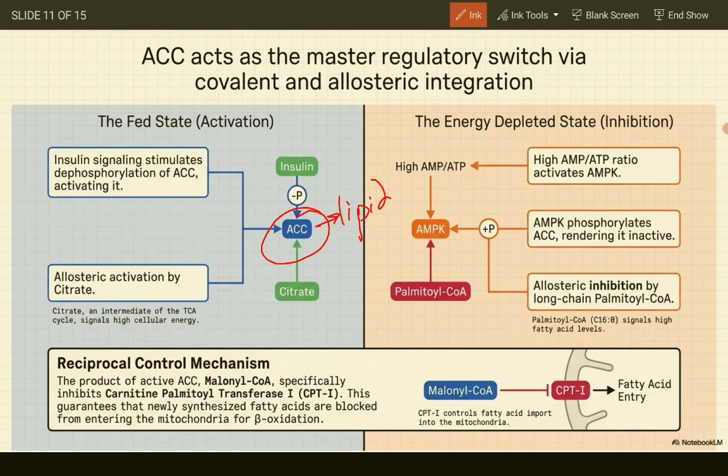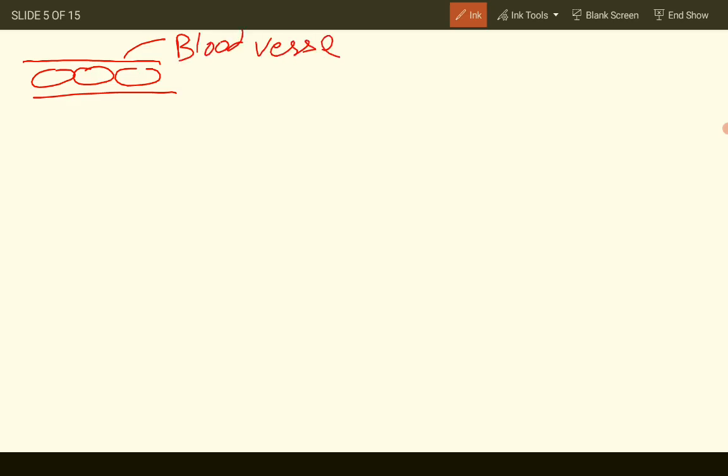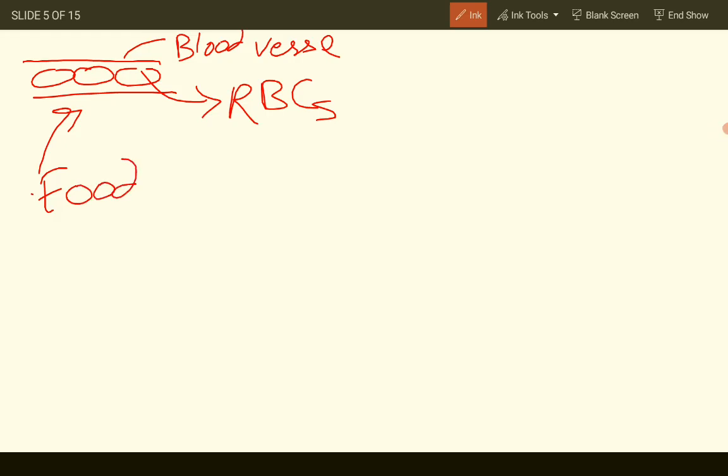Now there are another two molecules. There is insulin and glucagon. Let's see their function. So let's say this is a blood vessel and these are the red blood cells, RBCs. If you have taken food, you are in the fed state, there will be glucose in blood.